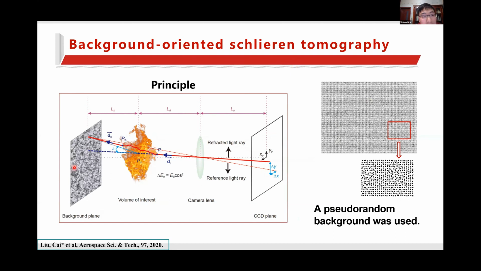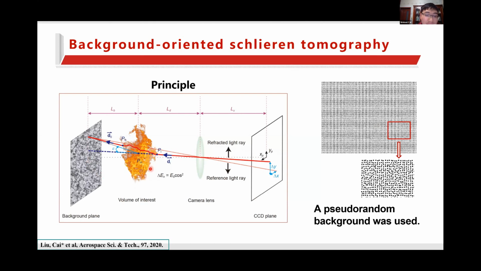So we have a background plate here. On the background plate are random dots. If we have the flame, and if we don't have the flame, the position of the dots on the imaging plane will be different, because when the flame is on, the refractive index distribution of the flame will change.